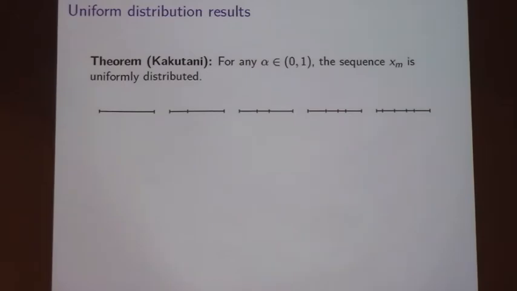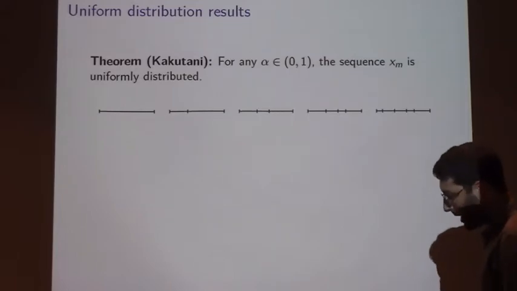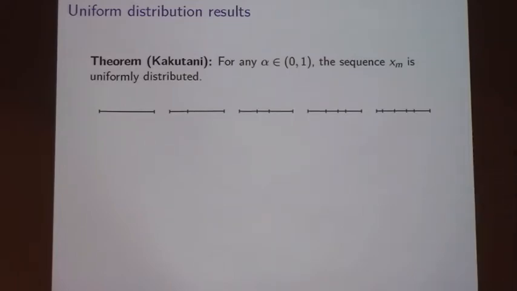And these are the uniform distribution results. So the theorem by Kakutani from '75 was concerning these alpha Kakutani one-dimensional sequences. And he shows that for any alpha, the sequence of endpoints of all intervals is uniformly distributed.